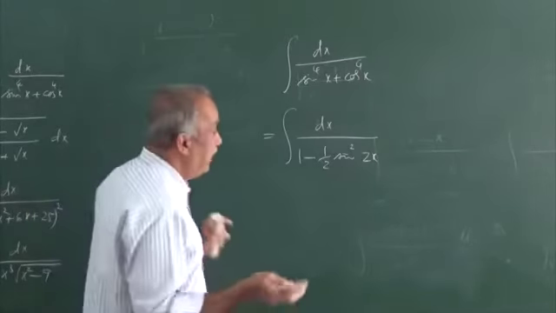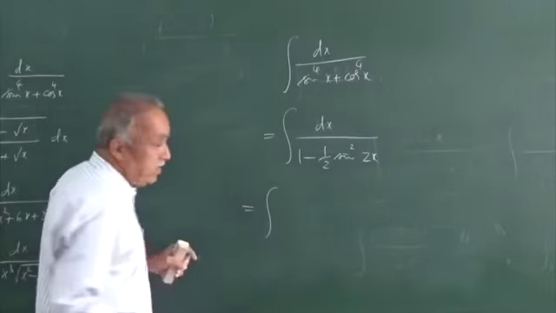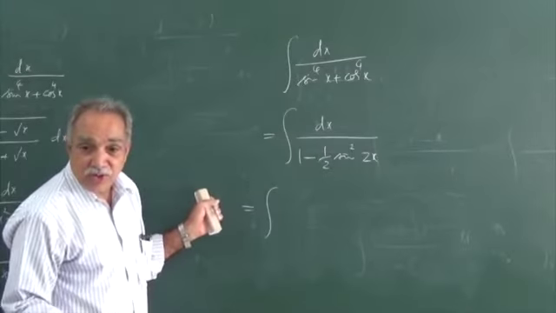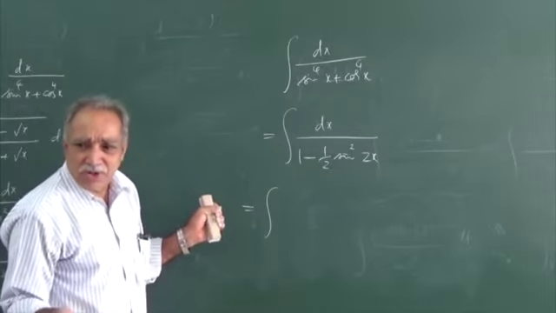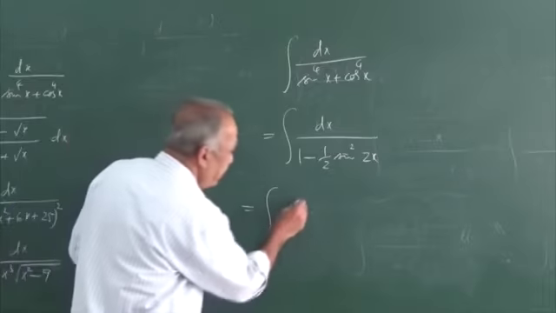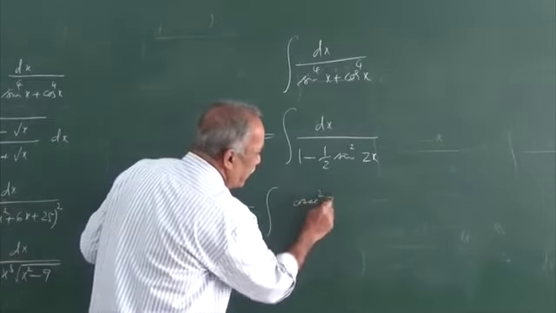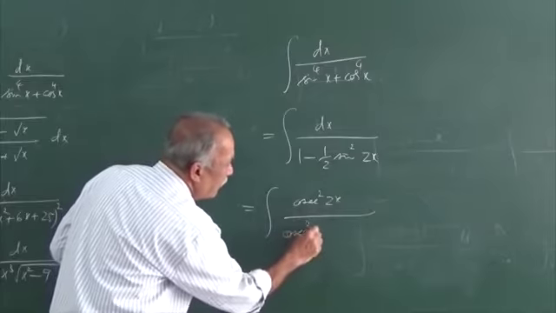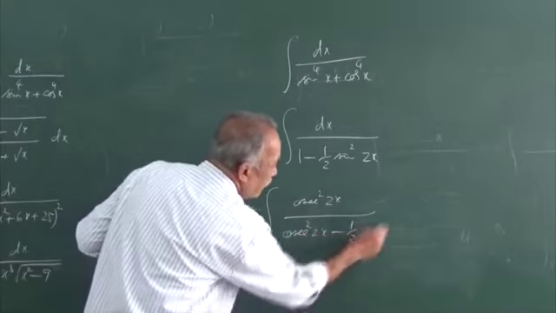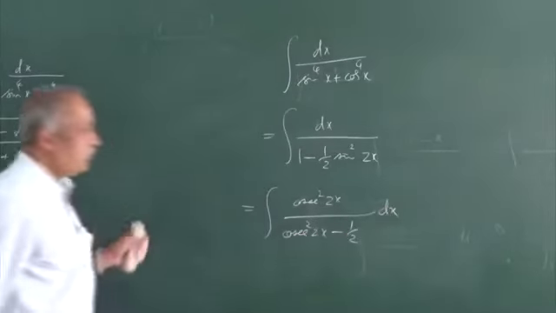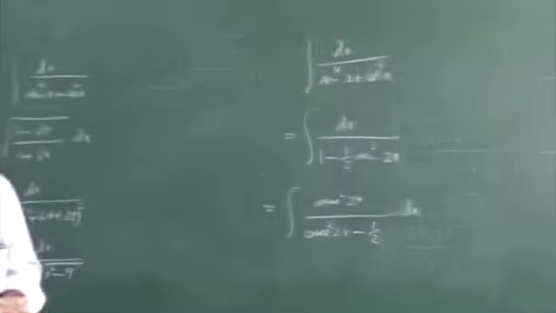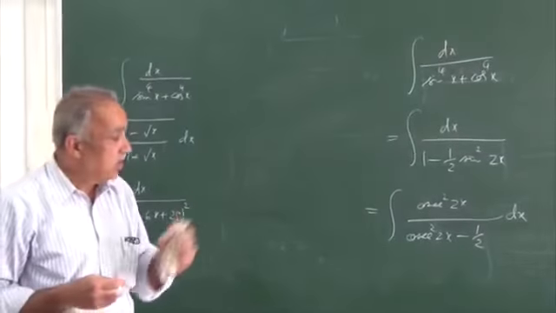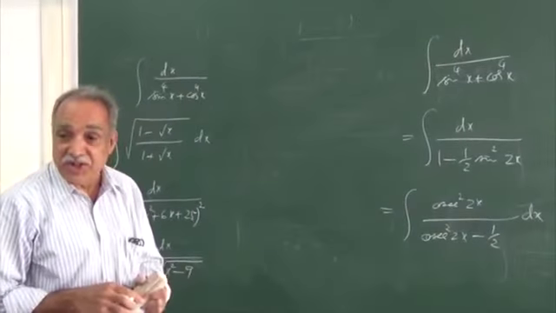Divide numerator and denominator by whichever you prefer, sin square or cos square. Both work. Sin square. What next? Leave the cosecant square 2x in the numerator as it is.